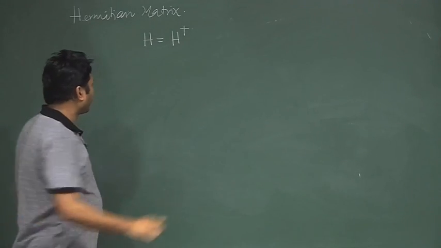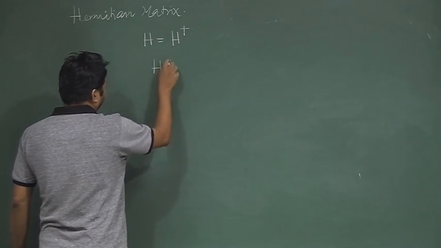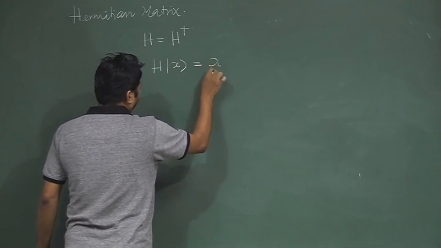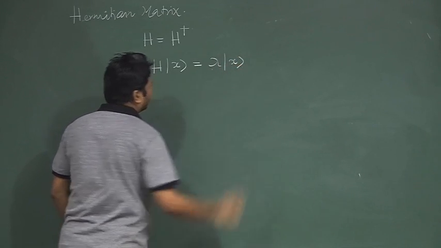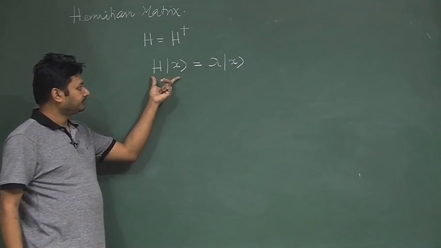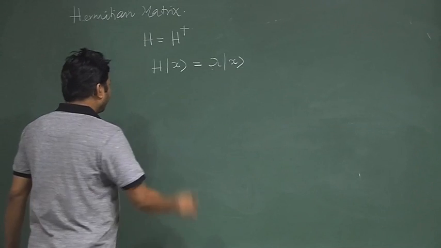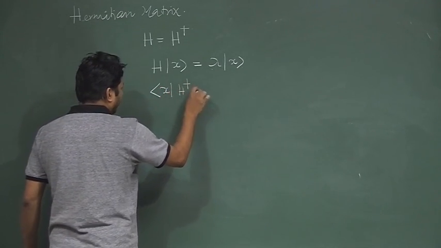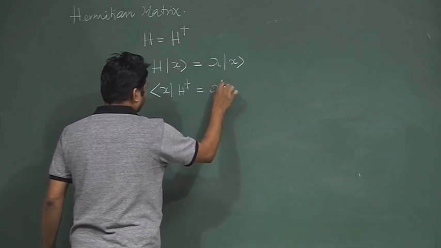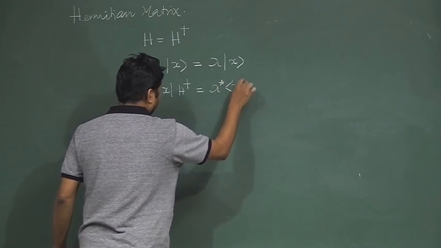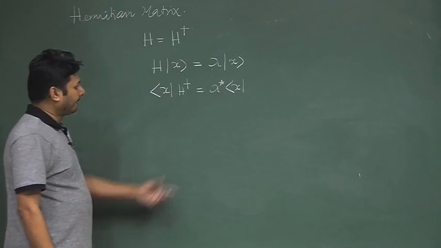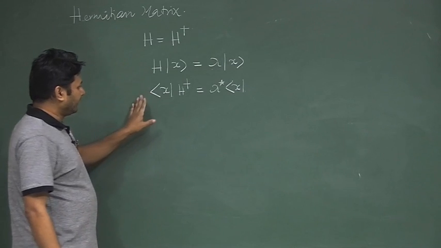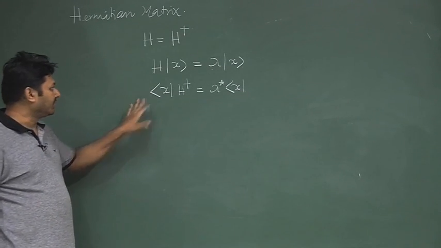Let us see how one can prove that. Hx equals lambda x, this is the eigenvalue equation. If I take the dual conjugate of that, I need to write it like this. I have one equation and another equation, these two equations in my hand.